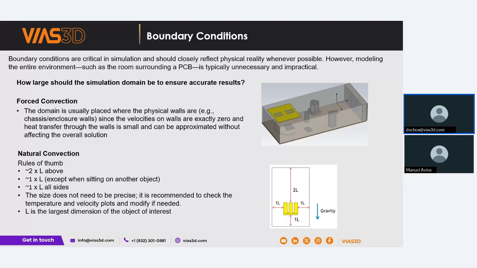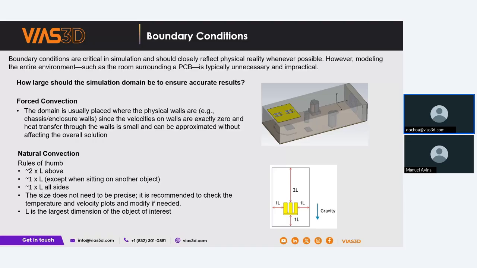So the size that we have in the electromagnetic problem will stay in the thermal simulation. This is something that we need to check and consider, because an electromagnetic problem might not need to have the same space compared to a thermal problem.